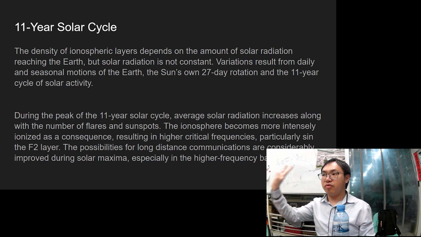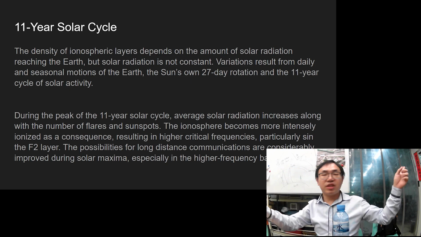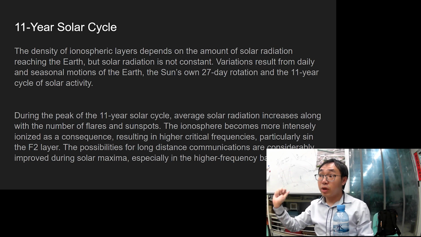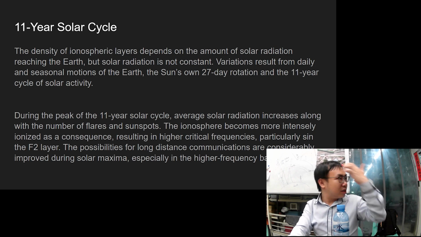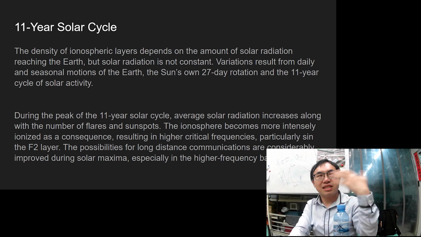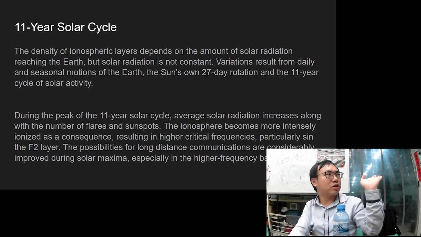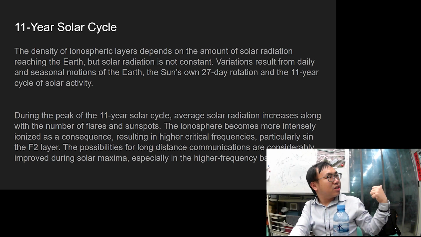So you can see that the activity of the sun is much more vigorous, having an 11-year cycle, and it affects the ionosphere, and it will help the skywave propagation. That's all. Three elements affecting skywave propagation: level of sunlight, meaning daytime and nighttime, season, and activity of the sun.